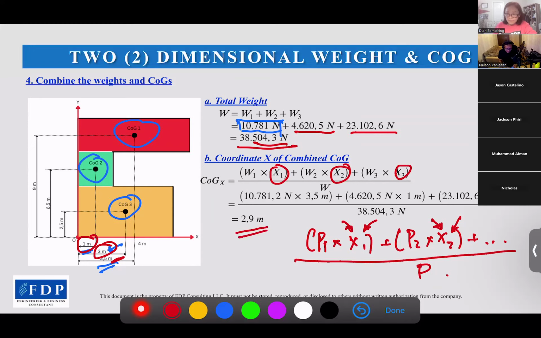For the COGY, maybe anybody else can help me find the coordinate y. Maybe you can calculate it by yourself for the coordinate y of the COG. We try to give some exercise, right?